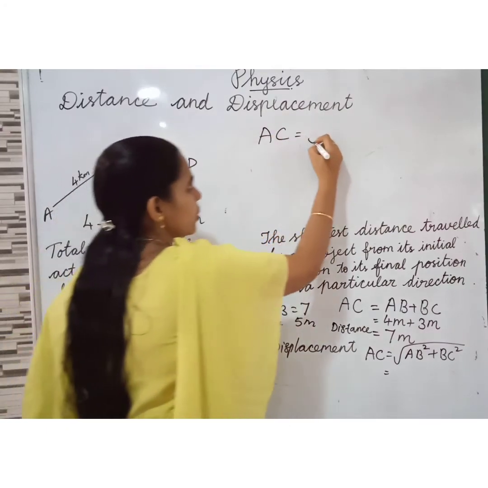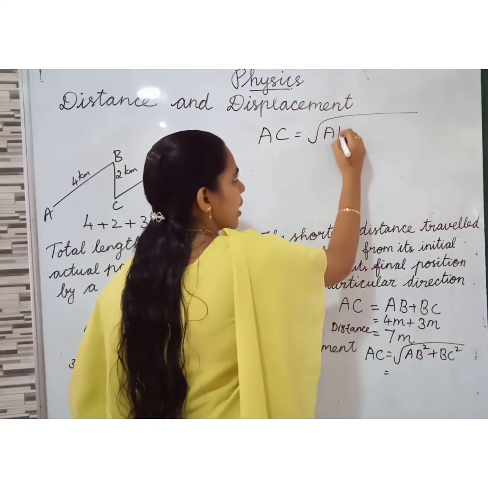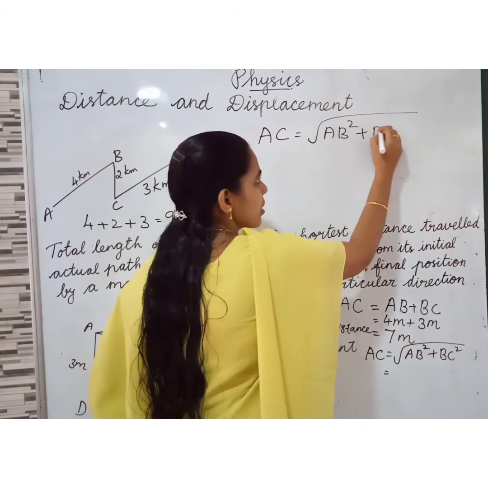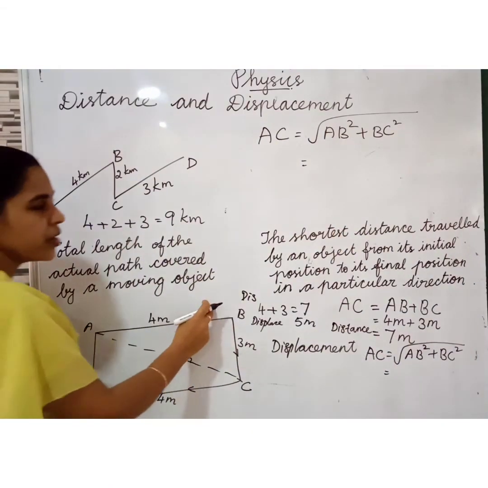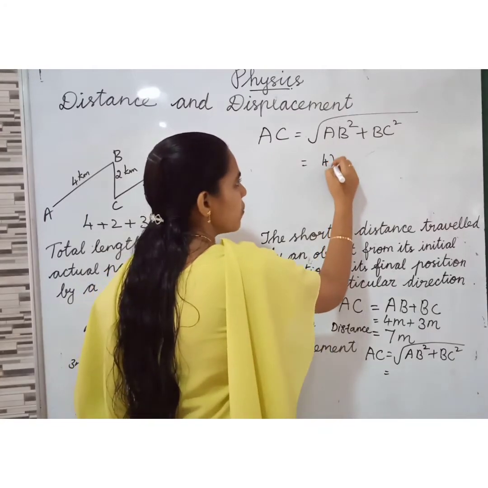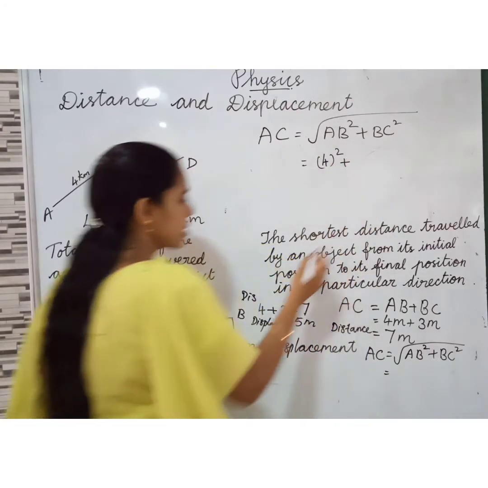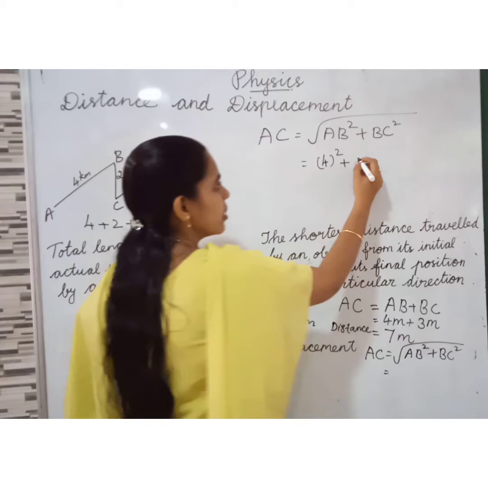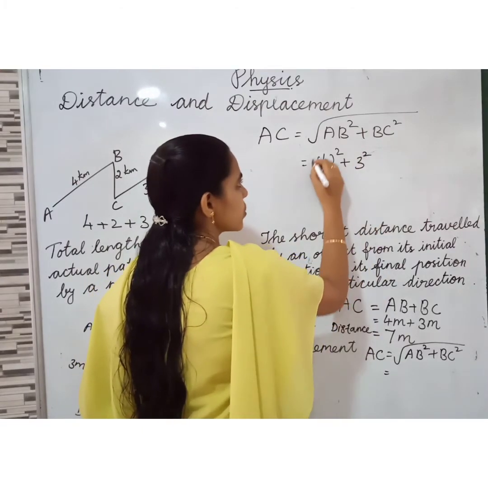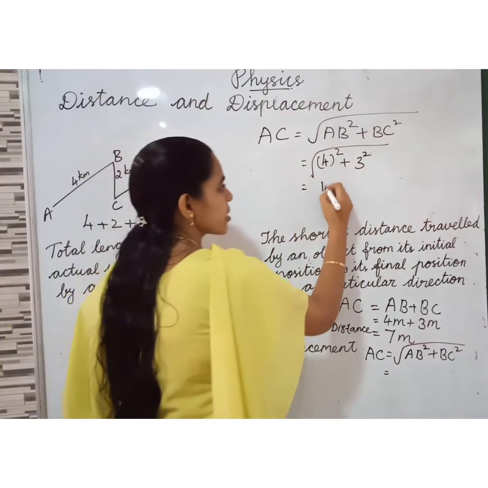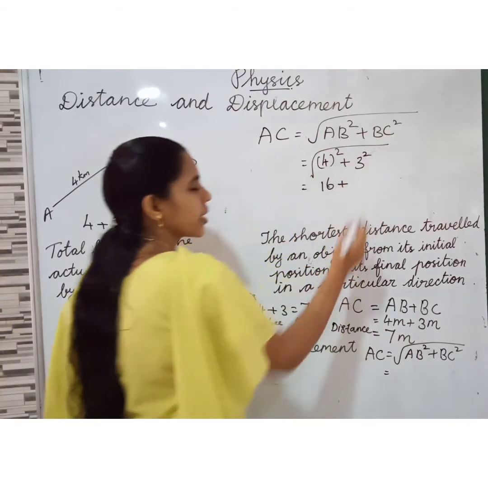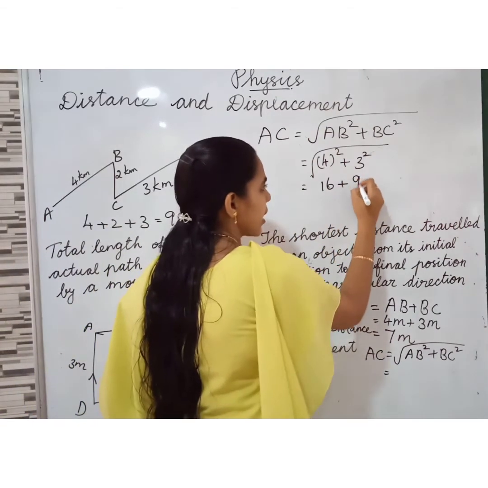AC equals root of AB square plus BC square. What is the value of AB? 4 meter. So 4 square plus, what is the value of BC? 3. 3 square. So 4 square is equal to 16, plus 3 square is equal to 9.